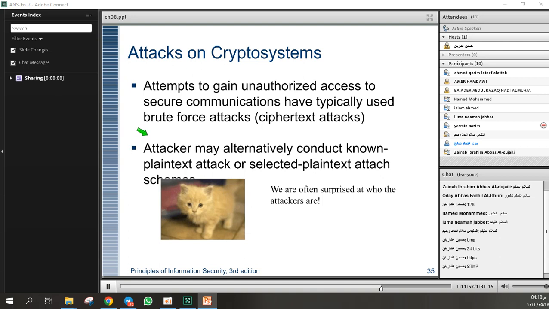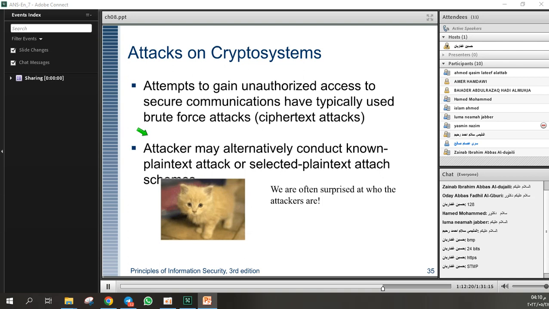Instead, attackers mostly try to gain access to the sender or receiver. They attempt to gain unauthorized access to secure communication.